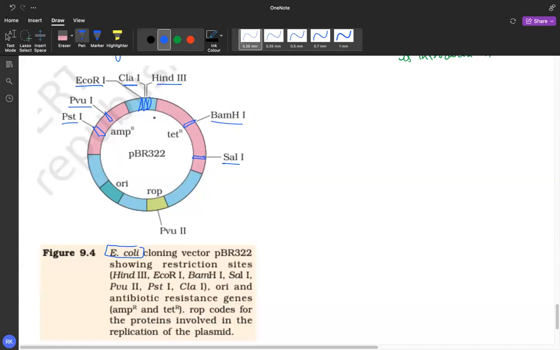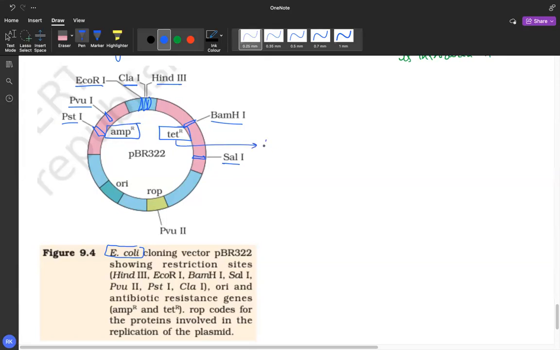You can also see that what they have done already in this vector is that they have inserted a sequence already. So this tet-R, this amp-R are selectable marker genes already inserted in, so you don't have to insert them. It comes pretty much fully loaded and ready.